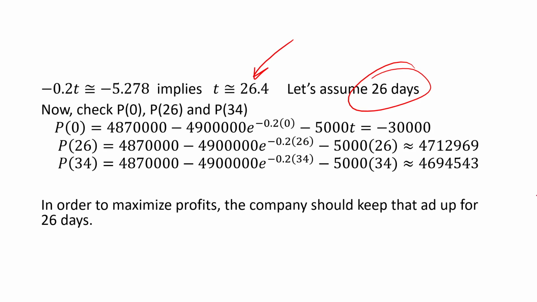If we run it for 26 days, we'll see that our profit will be equal to $4,712,969. If we keep on running it for 34 days, we'll still make a nice profit, but it actually won't be as much. We'll get more in revenue, but it'll start costing us more and more money, and it won't be worth it ultimately to do that.